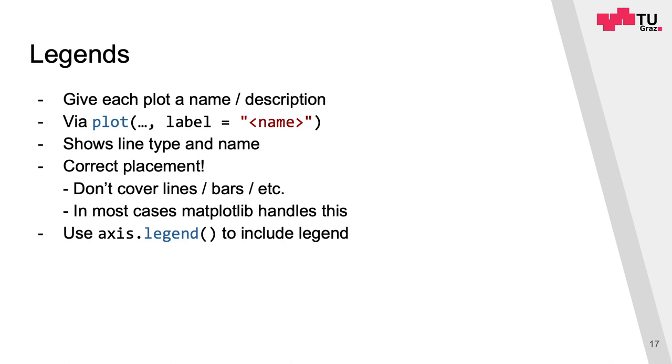And yeah, if you want to include the legend in your plot, you need to do this in the axis object, obviously, because each plot can have a separate legend. So if you want to include the legend in a plot, you need to call the legend method.